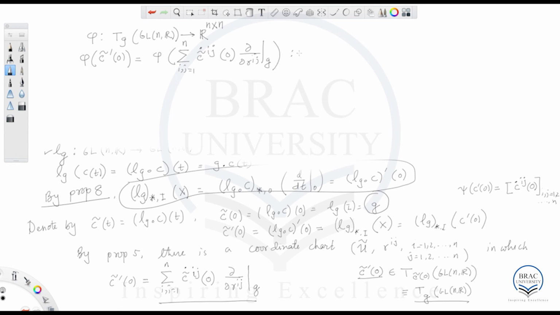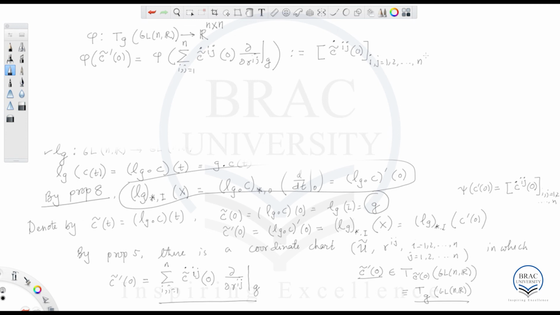Now I define this as the matrix C tilde dot ij at 0, ij from 1 to n. This is phi of C prime 0, right?